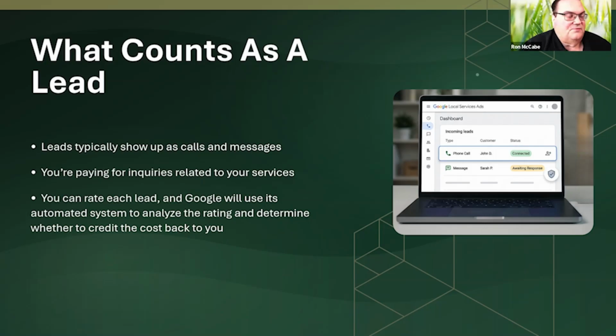The reason you want to do that is if you get a bad lead, you want to let Google know. If you get a good lead, you want to let Google know. The way their AI works is it's kind of a training algorithm. If you give it feedback on what's good and bad, you tend to get more of the leads that you rate as good and less of the bad ones.